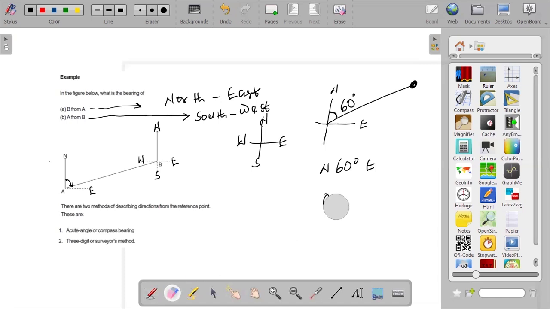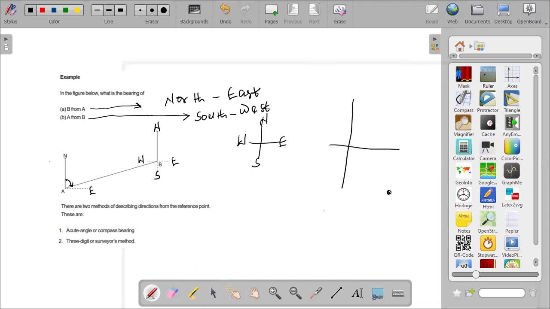Another one may have something like this. Let me draw another one. Maybe a point here, then I connect a line to that point, and the bearing of that point is the angle from the north to the point. Now the whole of this first quadrant is 90 degrees. So 90 plus, let's assume this small one here is 45.